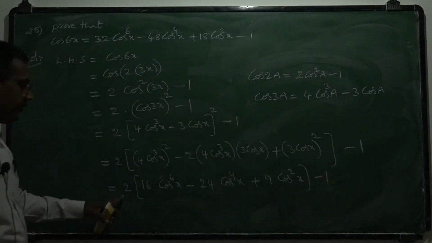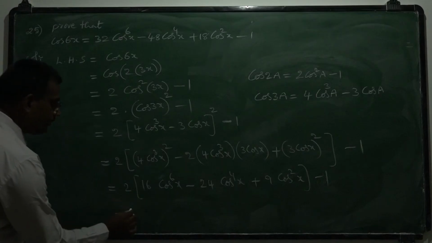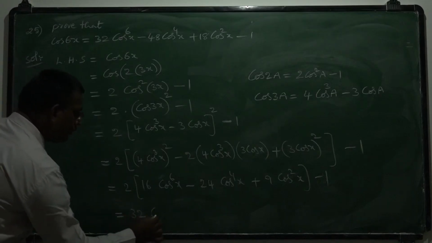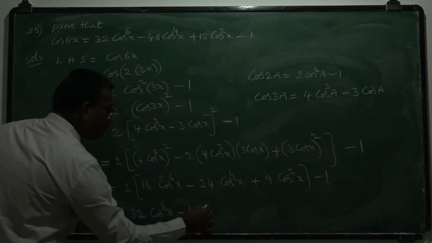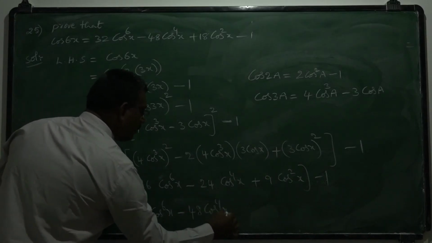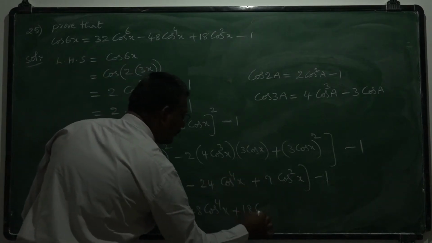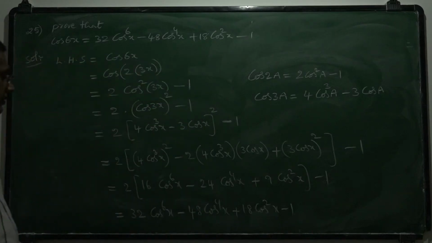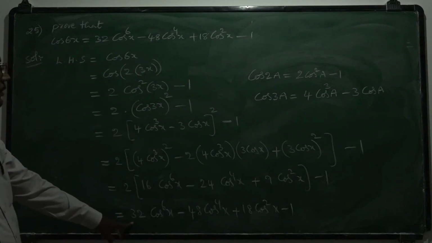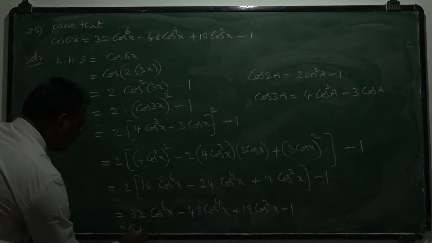Now multiplying with the 2: 2 into 16 is 32 cos power 6x minus 48 cos power 4x plus 2 into 9 is 18 cos square x minus 1. So this is equal to RHS.